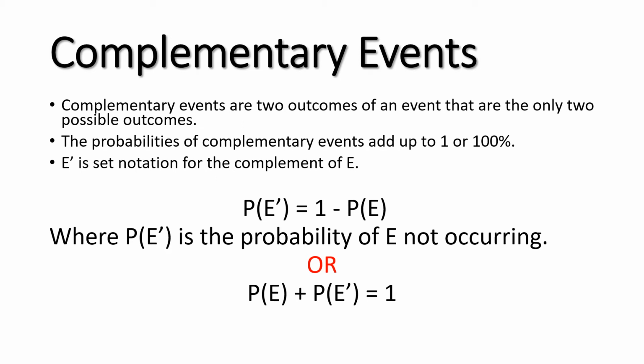E' is set notation for the complement of E. So we can see that the probability of the complement of E equals 1 minus the probability of E, where the probability of the complement of E is the probability of E not occurring. Or the probability of the event plus the probability of the complement of the event equals 1. Now, a lot of that probably won't make sense to you, but as we do examples, I'm sure you will learn.